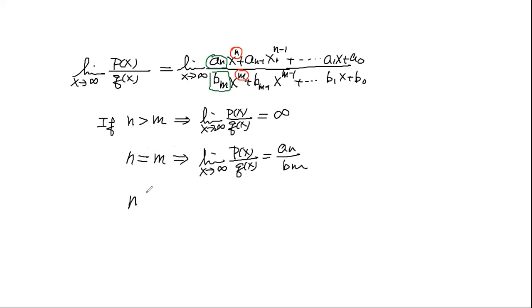And if n is less than m, that means the denominator goes a lot faster, so the limit as x approaches infinity of p(x) over q(x) is 0.